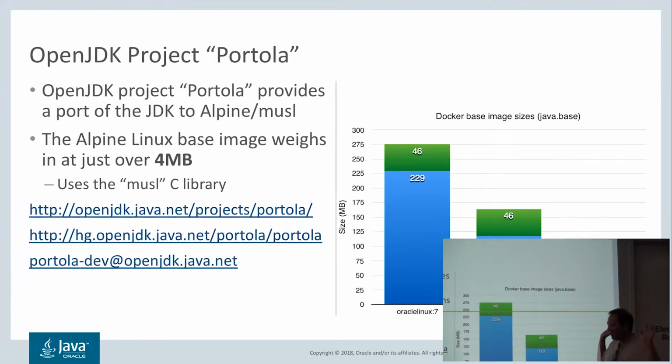So I did not come up with this. I am the project lead for this project, but the point is at least to provide a port of the JDK to Alpine Linux, or more correctly, specifically, we don't care on the JDK side that it's Alpine, it's the musl C library that we care about. So there is a project for this.